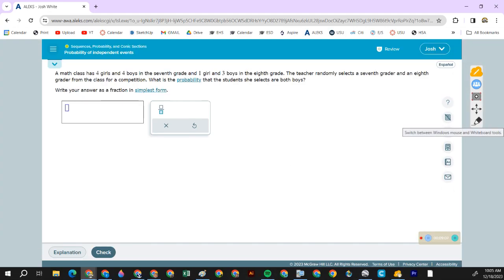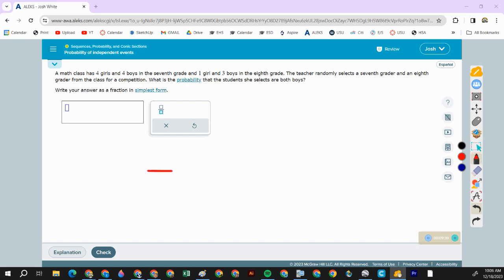Okay. A math class has 4 girls and 4 boys in the 7th grade and 1 girl and 3 boys in the 8th grade. The teacher randomly selects a 7th grader and an 8th grader from the class for a competition. What is the probability that the students she selects are both boys? Okay.